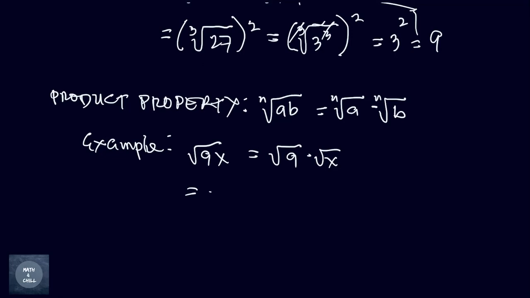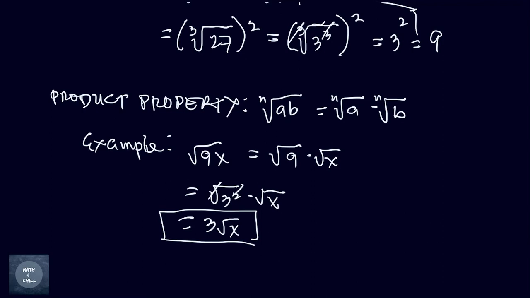That is square root of 3 raised to 2 times the square root of x, rather. So, makancel na siya, 3 ang mabilin, 3 square root of x. Muna siya ang ato ang answer. So, muna siya ang product property. This one.